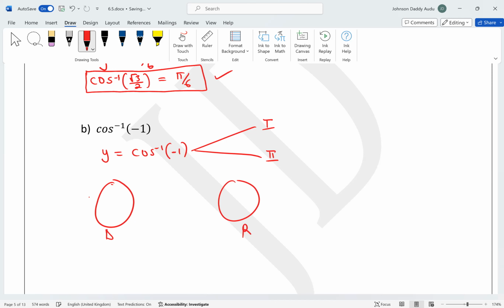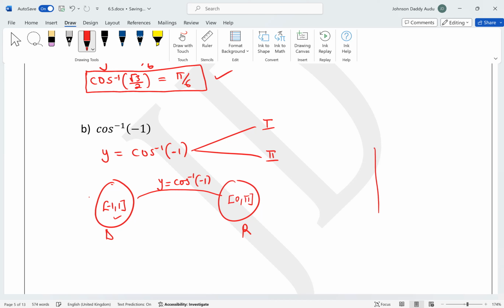This is minus 1. So the domain of cosine inverse includes minus 1. And you have your function, y is cosine inverse of minus 1. So you can see minus 1 is coming from this domain, which makes sense. But the output will be in the range. But what is the range? It is 0 to pi, right?